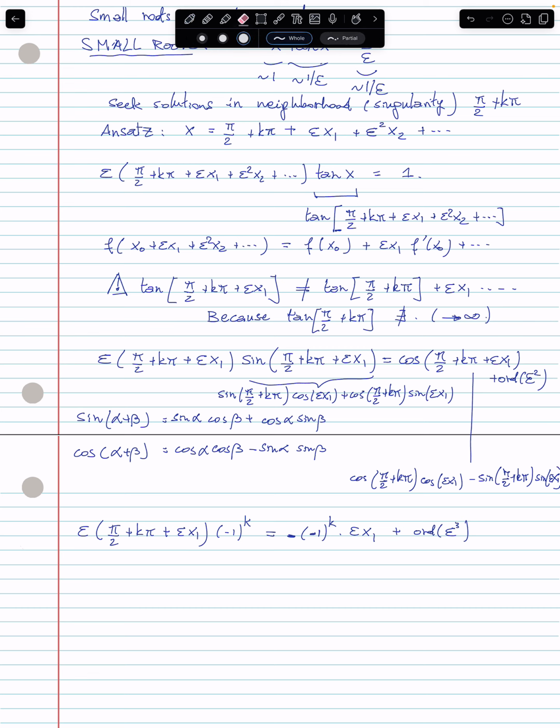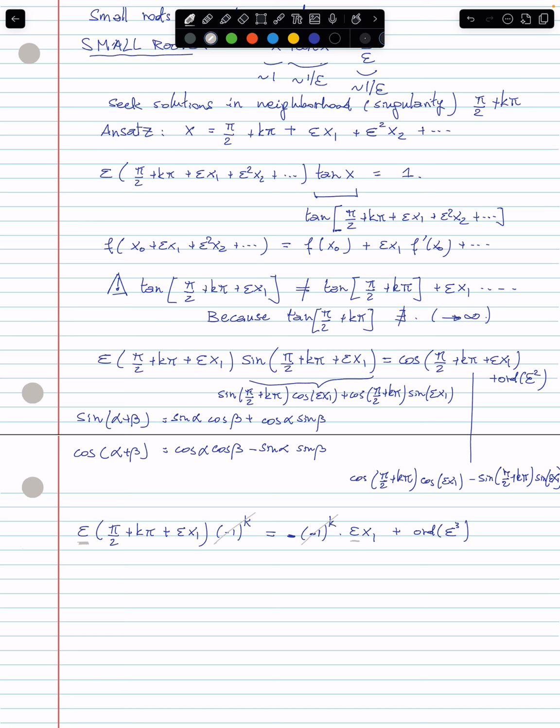Good. And then what does it mean? Well, now we can just keep going. We can simplify. So minus 1, and then what do we have at leading order? You see that the leading order is in epsilon because I have multiplied everything by epsilon earlier.